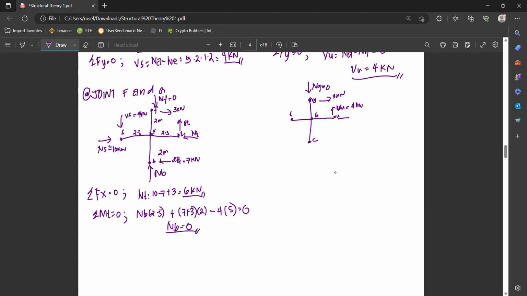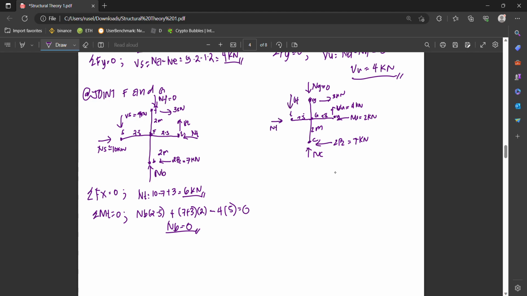NU na 2 kN. 2P2 tayo dito. 2P2 na 7 kN. Your NC, this is 2 meters, 2.5, 2.5. VT na pababa.